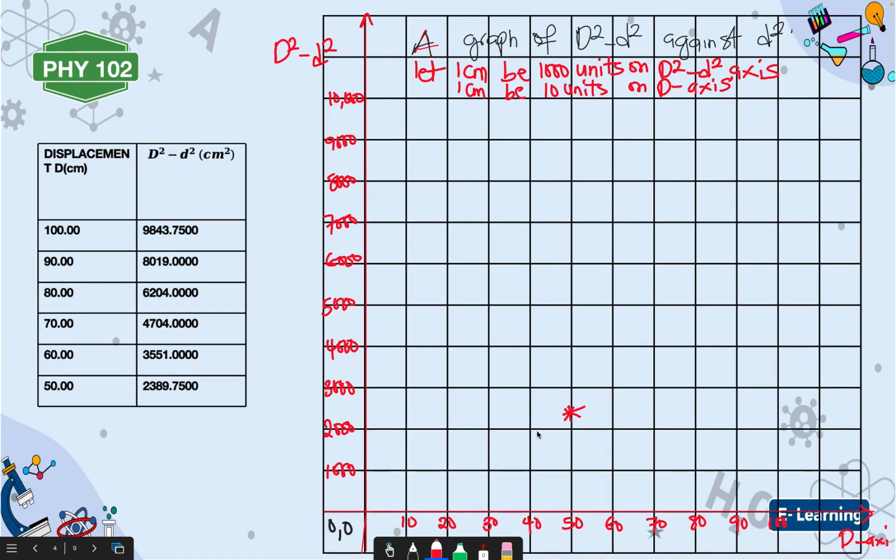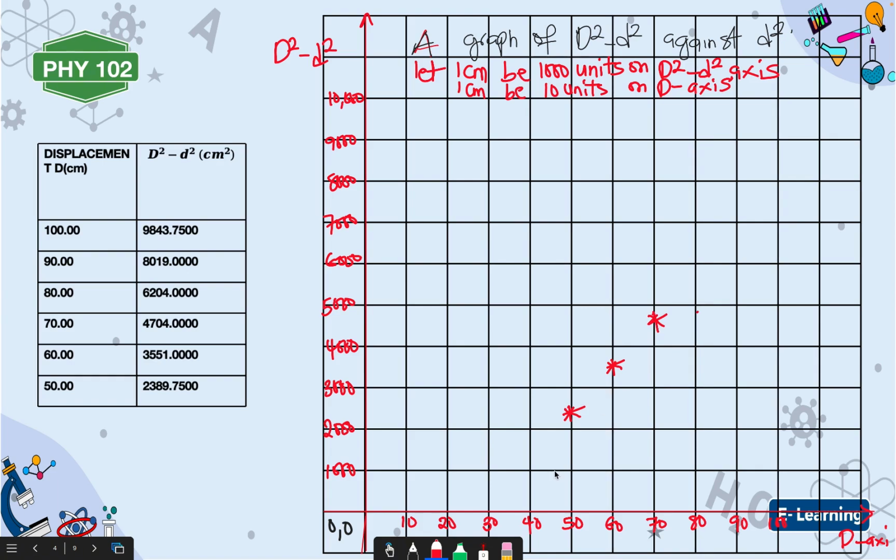Now the next one is 60. The value for 60 is 3551, which is, this is 35, so let's take it in between 3000 and 4000. The next one is 70. 70 is 4700 and very close to 5000. So we can take it at this point here.